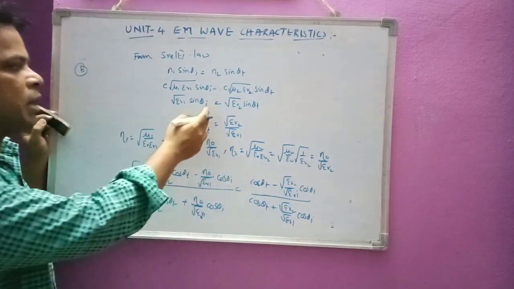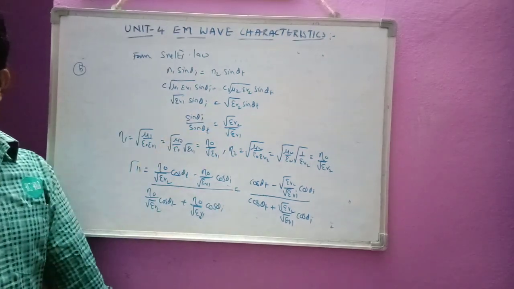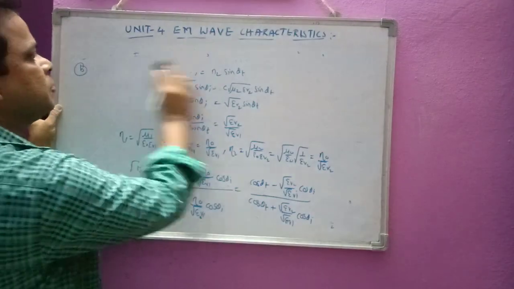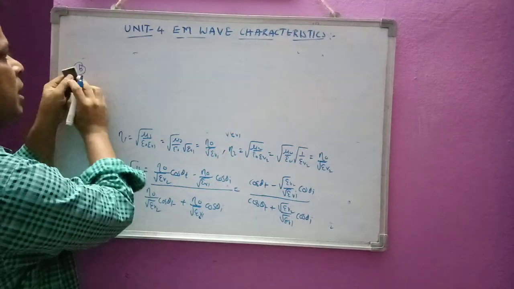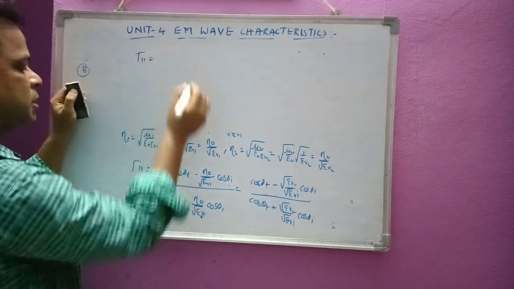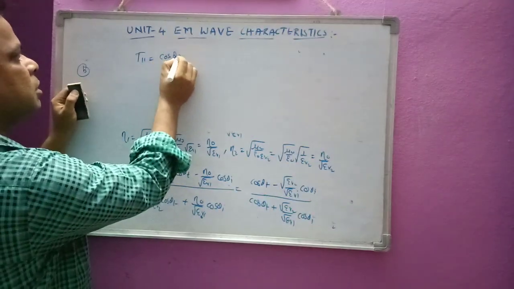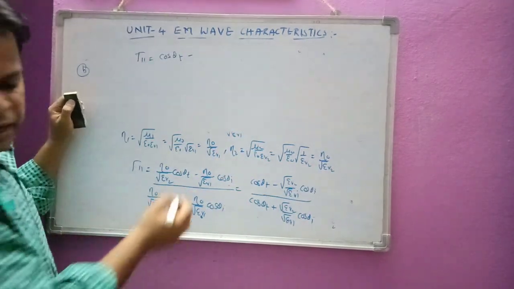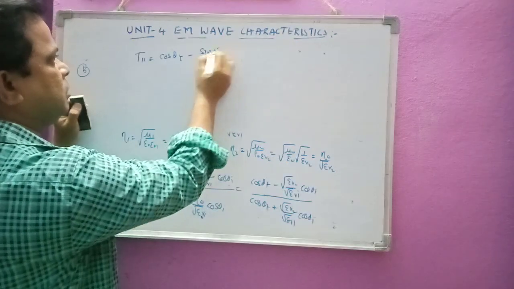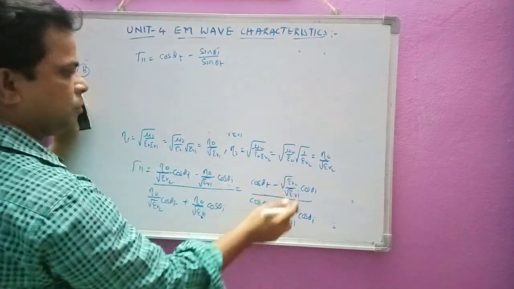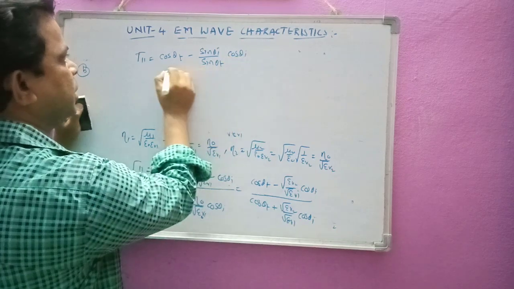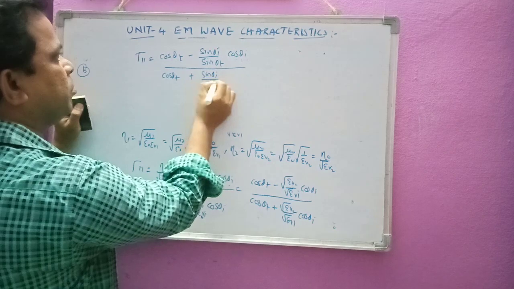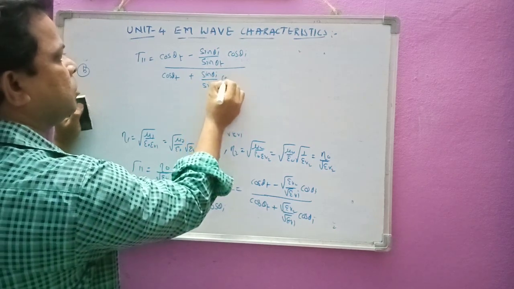Now square root of epsilon r2 by epsilon r1 I can write as sin theta I by sin theta t. I am going to substitute that directly in this one. Okay. In place of this one I am substituting here. Now this gamma parallel changes to (cos theta t minus sin theta I by sin theta t into cos theta I) by (cos theta t plus sin theta I by sin theta t into cos theta I).